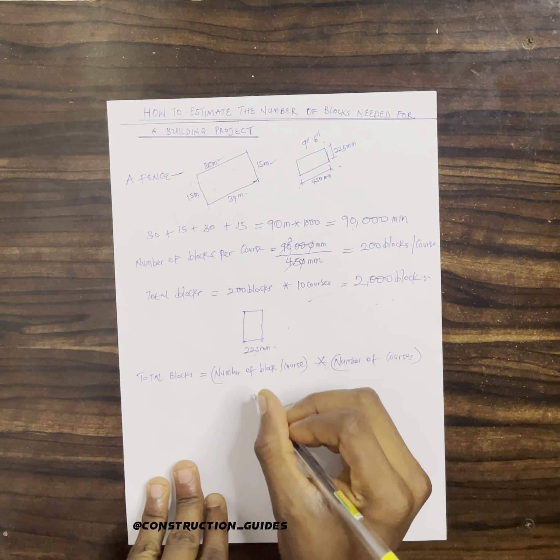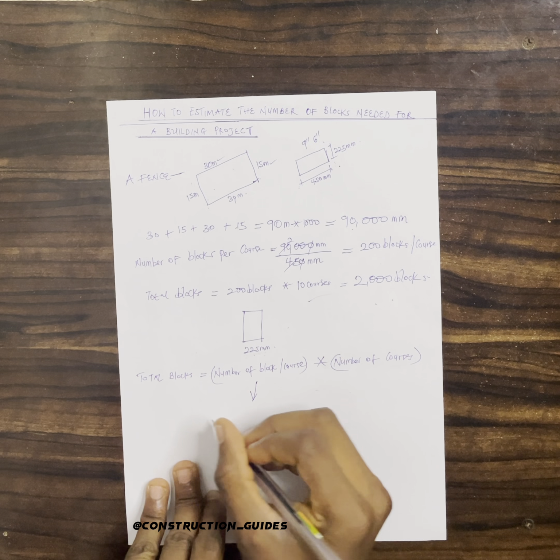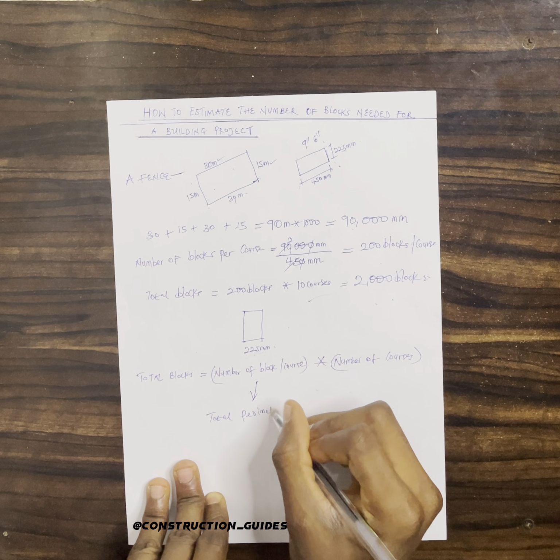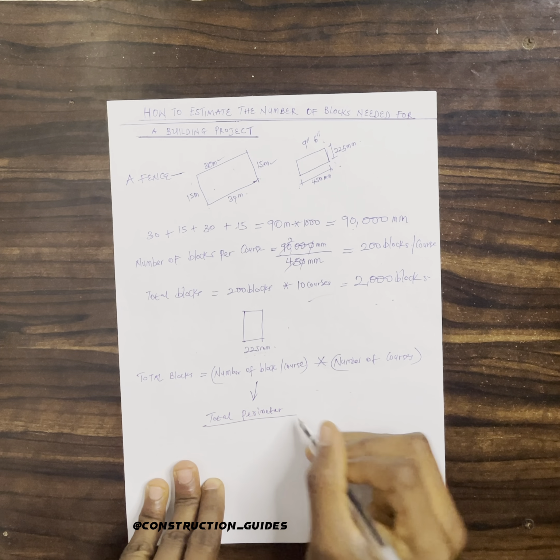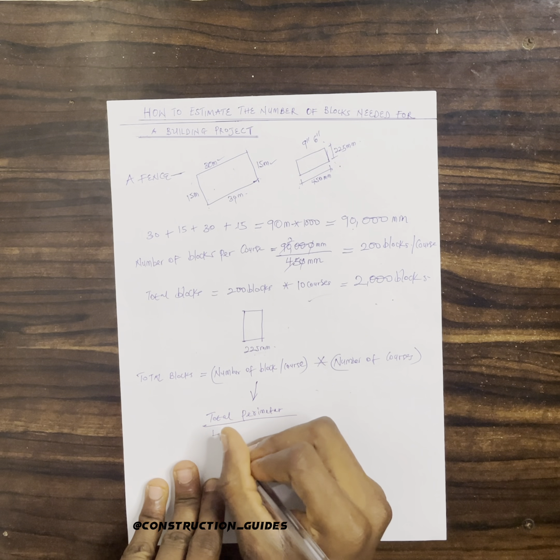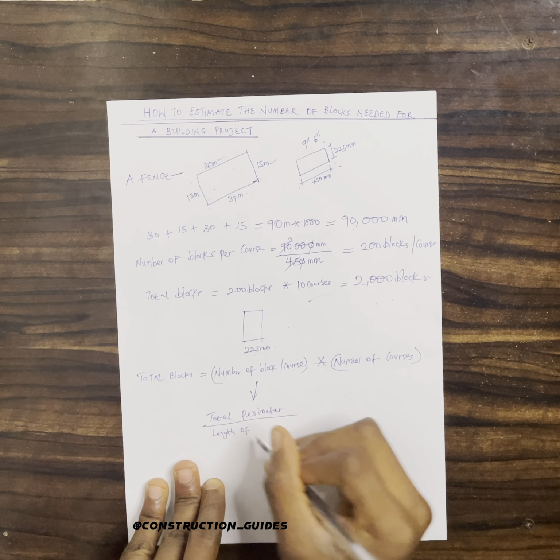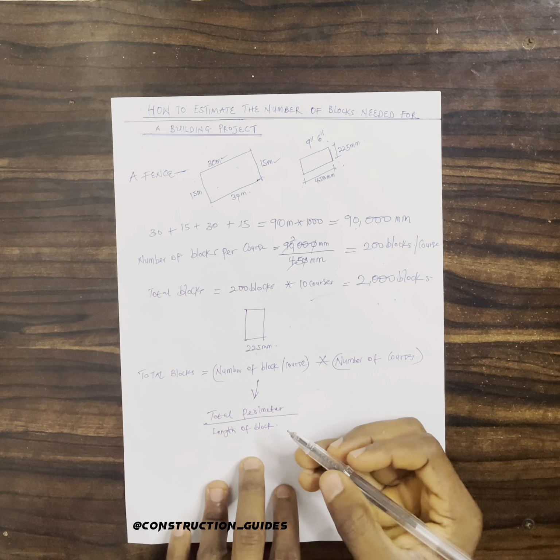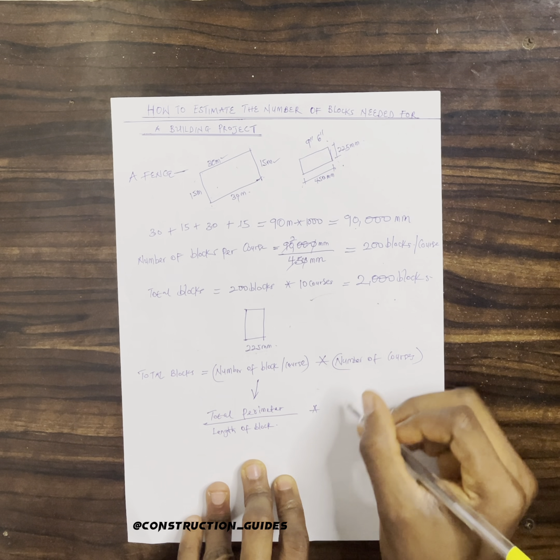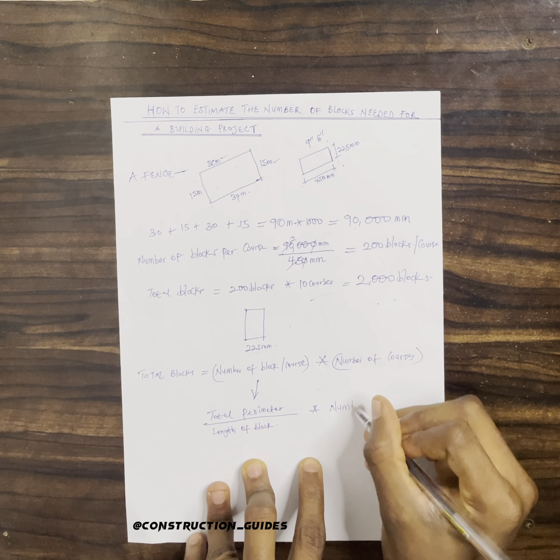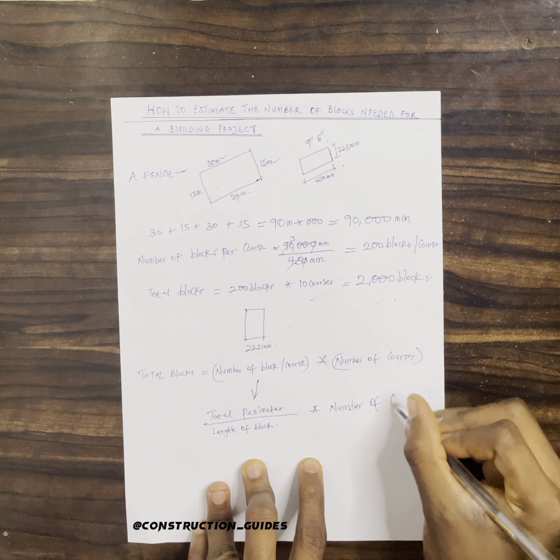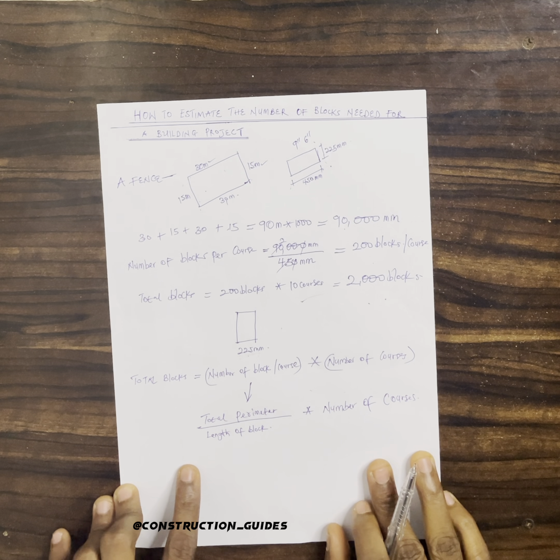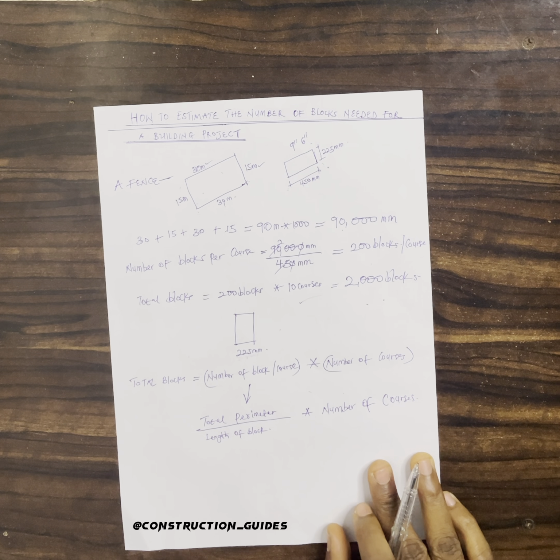Number of blocks per course is the total perimeter where the blocks will go divided by the length of one block. Then times the number of courses. So this is the formula for the total blocks you will need for a project.